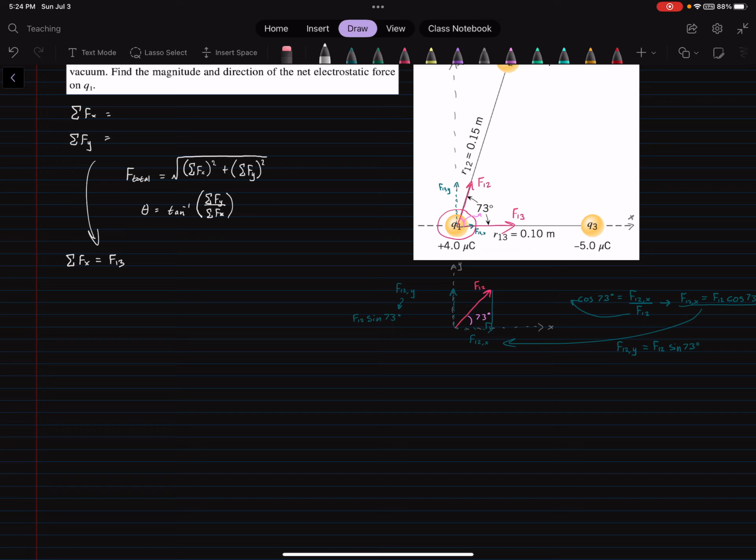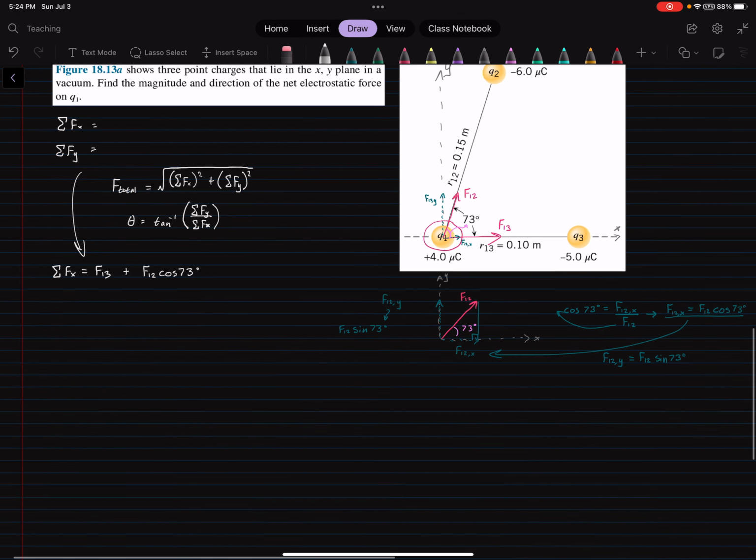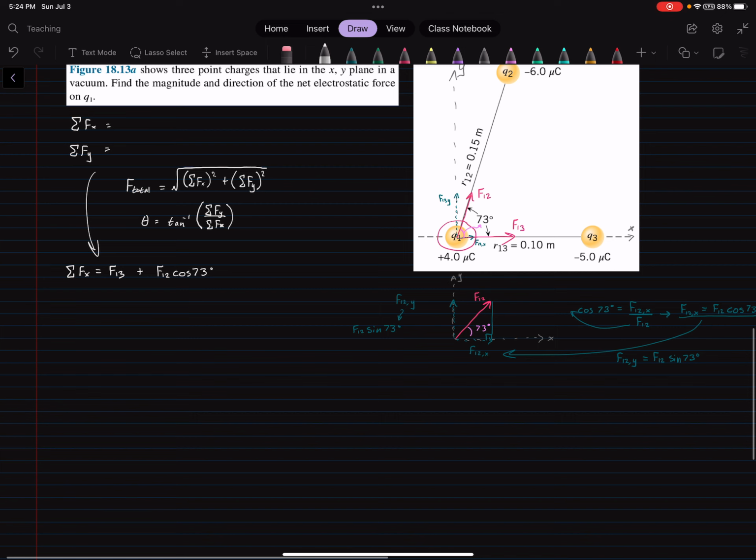And we have a component of F12, so plus F12x, that would be this guy here. F12 cosine 73 degrees. It's just the x component of F12. That's really all we've done.